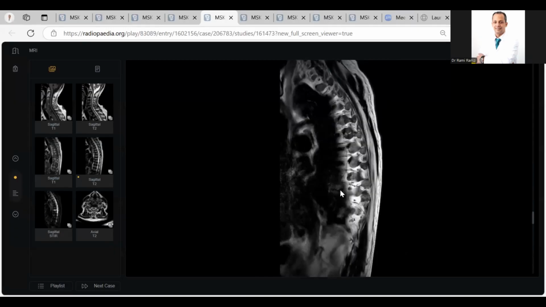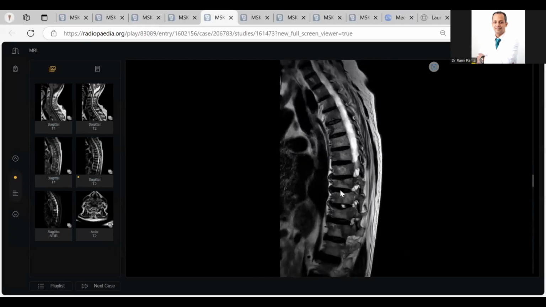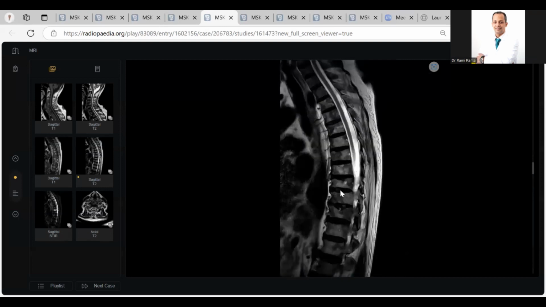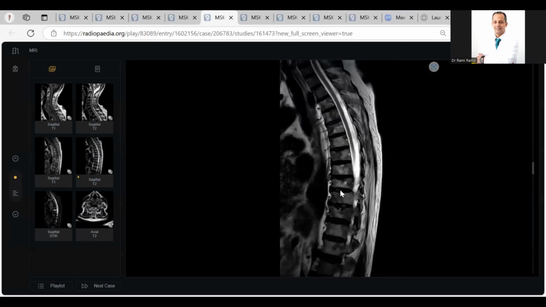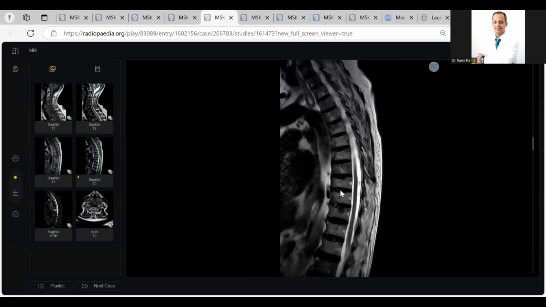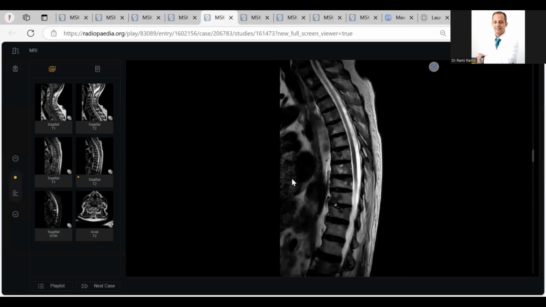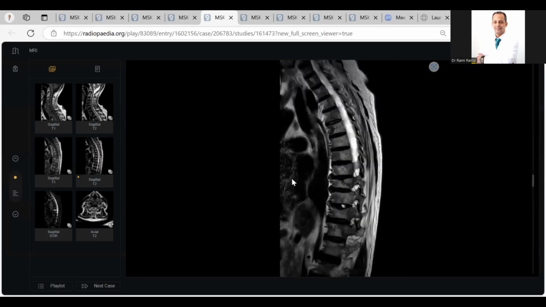Okay. So now this is a sagittal view, T2 weighted sagittal of the thoracic spine. I'm looking at multiple areas of abnormal signal involving the vertebral bodies. The signal of the intervertebral discs is also abnormal.